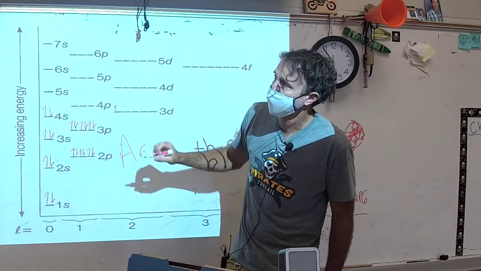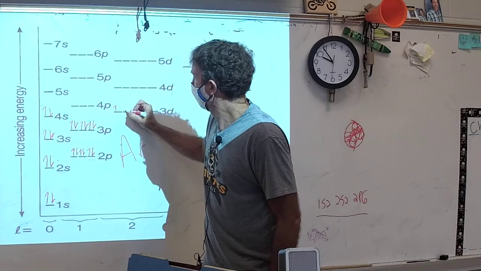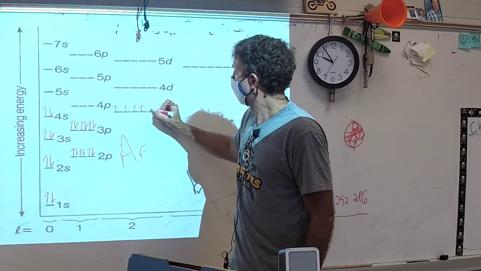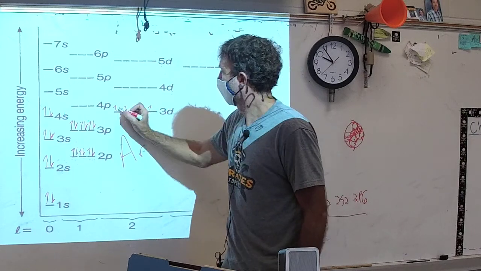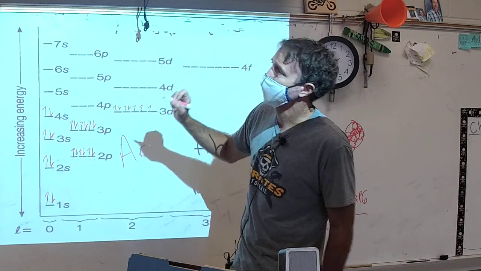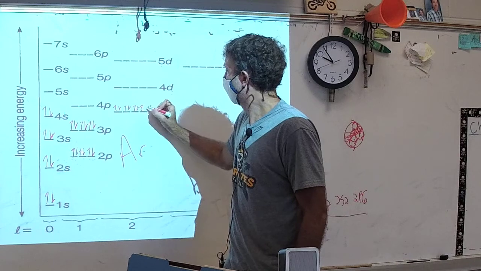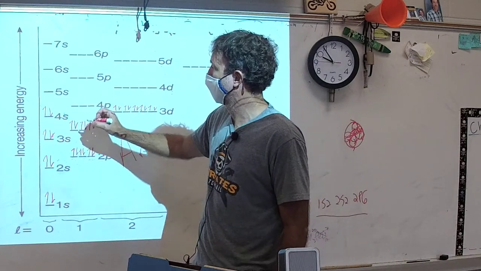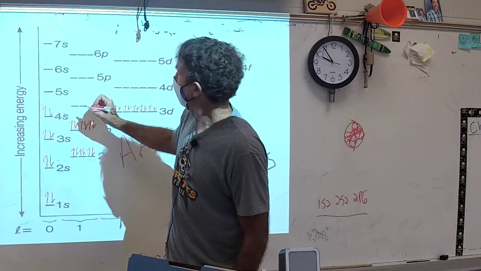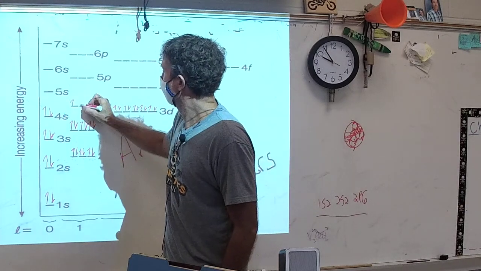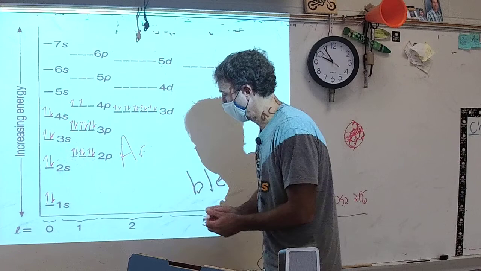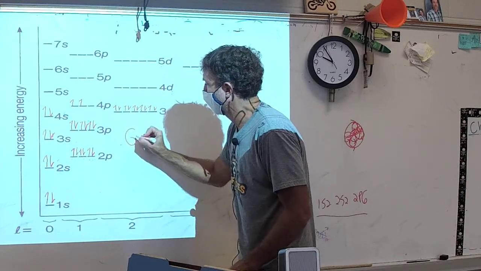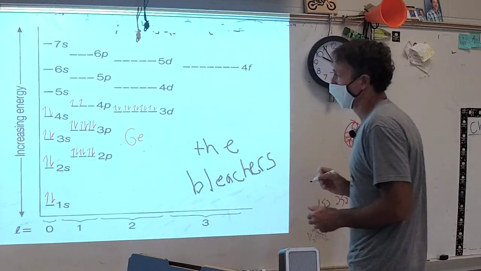So scandium, titanium, vanadium, chromium, manganese, iron, cobalt, nickel, copper, zinc. And then now here we are over to gallium, germanium. If I stopped right there, this would be an electron level diagram of germanium.